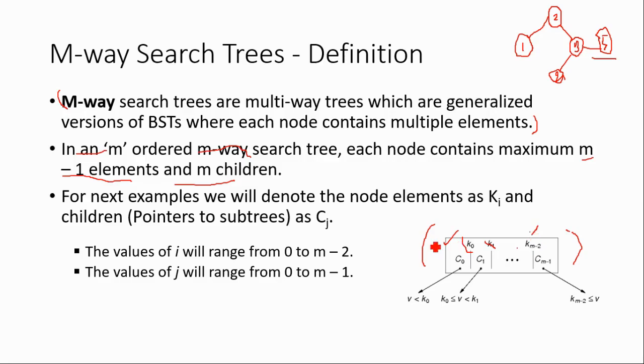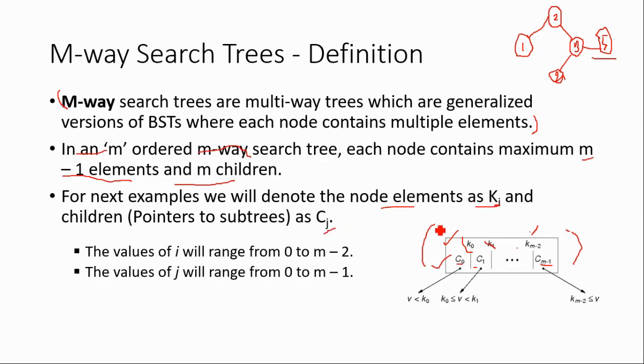So for example, we will denote the node elements as Ki, and then we also have C0, C1 up to C m-1. This will represent the links to the children, means the links to the subtrees which are referred by this particular node. So this will be represented as Cj.